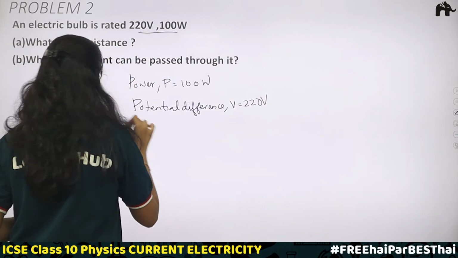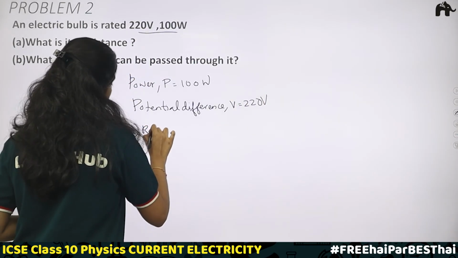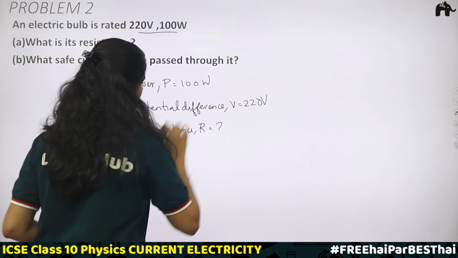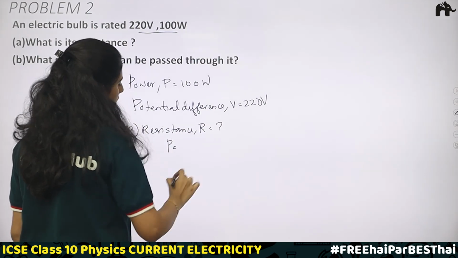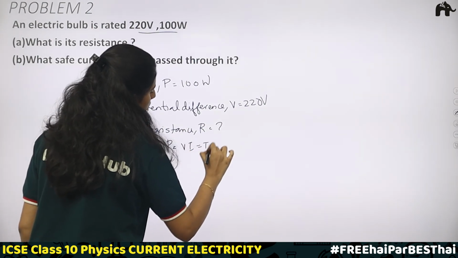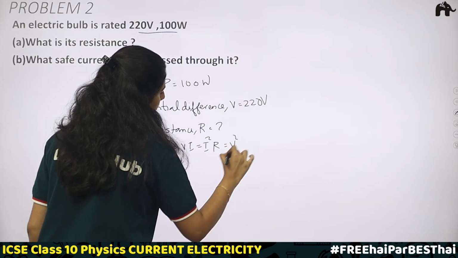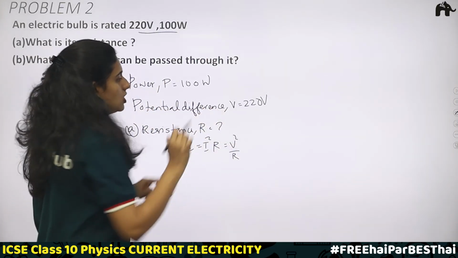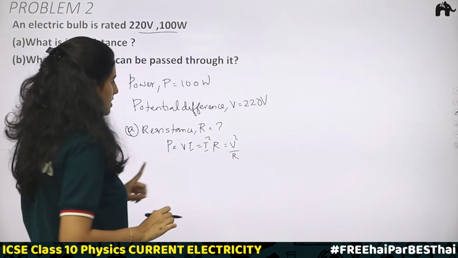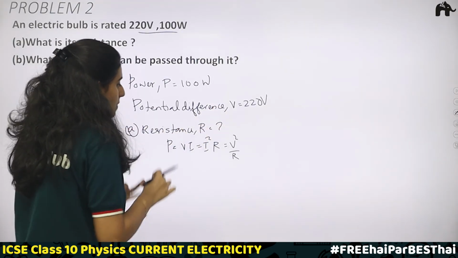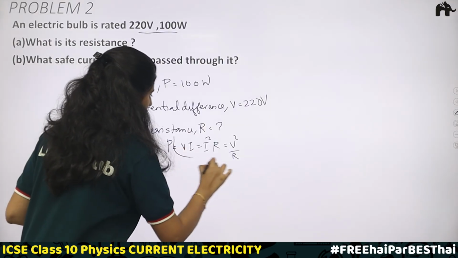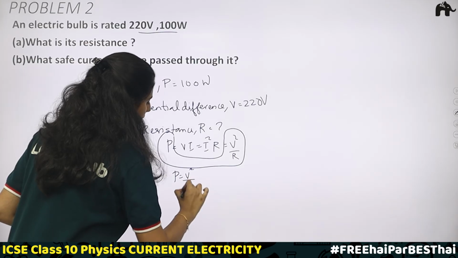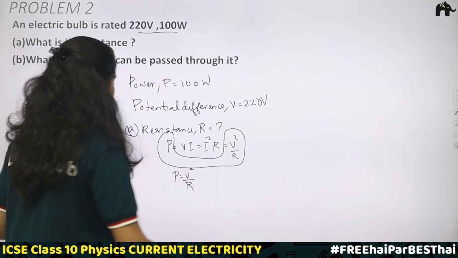Okay, first part, we have to find the resistance. How to find resistance? Resistance R. Okay. We have power P is equal to VI equal to I square R equal to V square divided by R. Here we have the power value given. Then we have the potential difference V given. We have to find resistance. So, potential difference, power, resistance relation, this one will be used. P is equal to V square divided by R. Then what is the resistance?